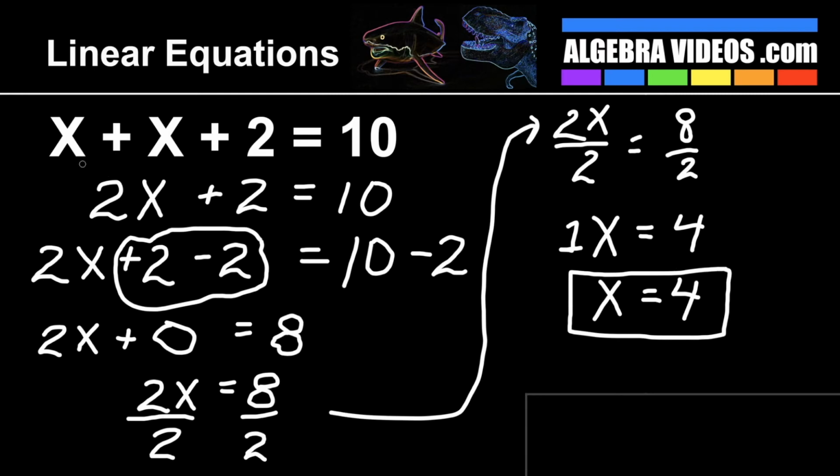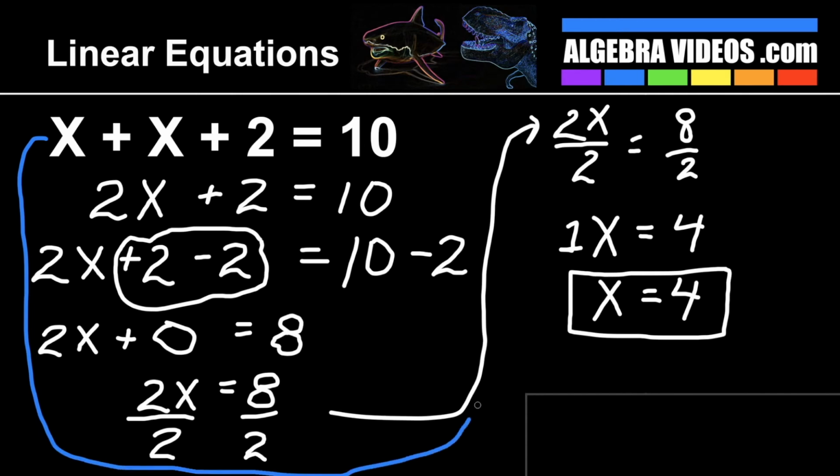We can also plug it into the original equation just as a way to check our work. I'm going to rewrite this equation right here. But wherever there's an x, I'm going to plug in the number 4.